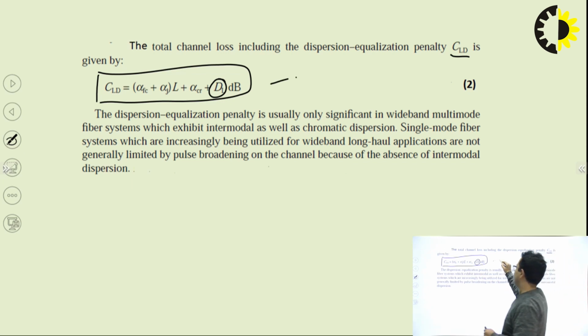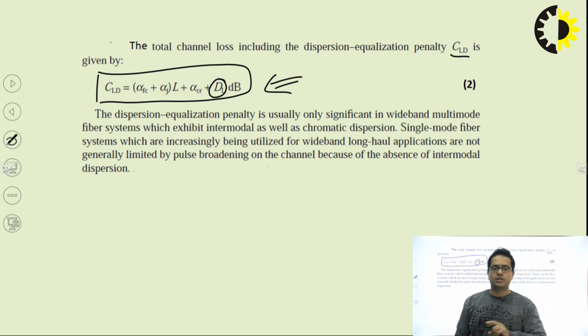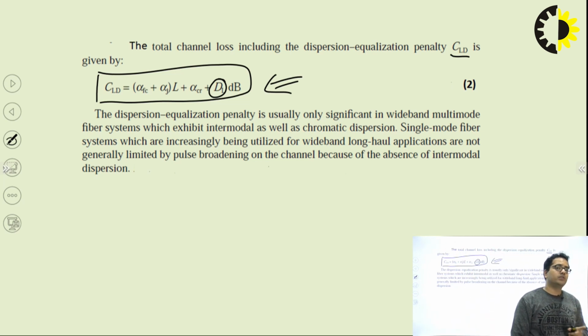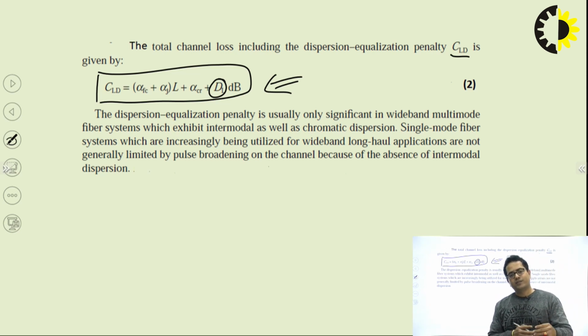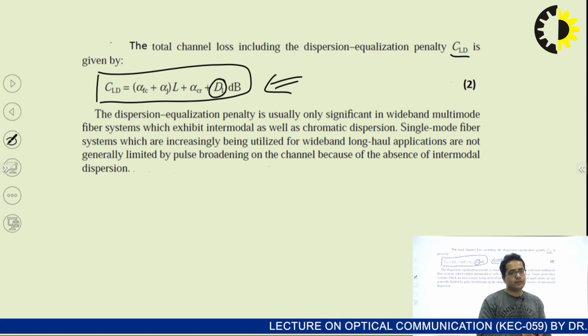And I have already told you to include this formula only when it is required, when it is asked in the question. Otherwise just neglect this term DL, because we know it is going to deteriorate the performance of the system. So if it is not asked, don't incorporate it, because otherwise there will be a difference between what you get and what the examiner actually wants to see.